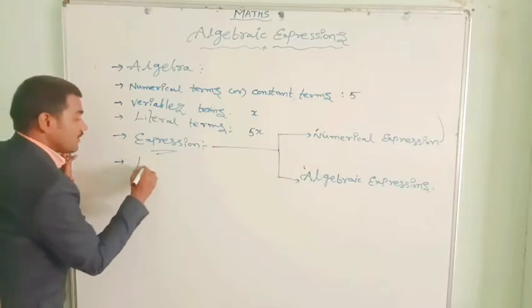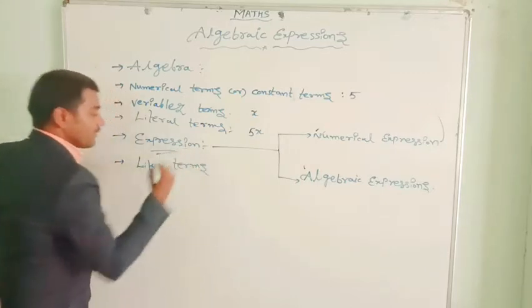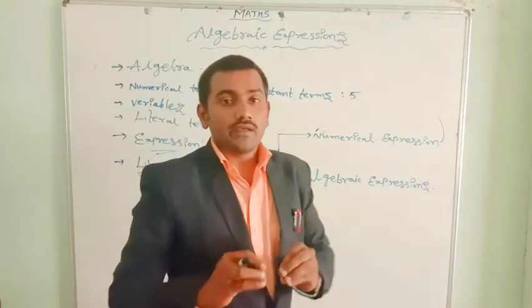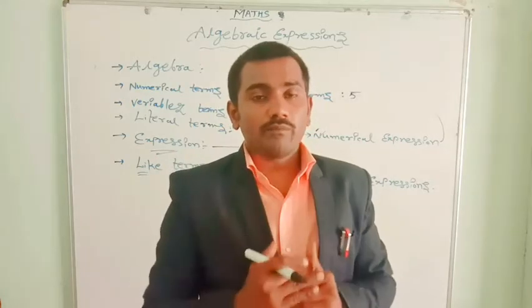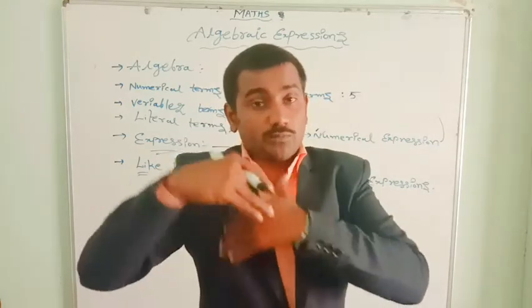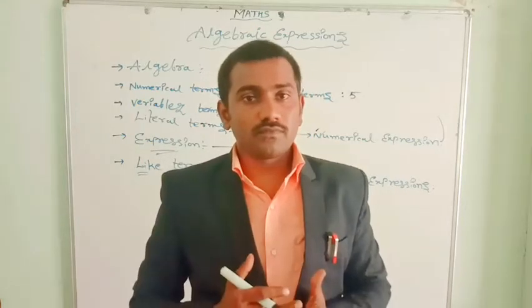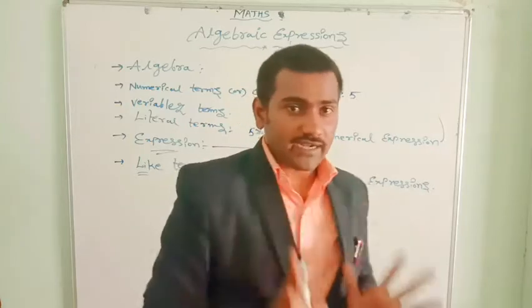First, like terms. What is the meaning of like terms? In given terms, if they have the same variables and the same exponents, they are known as like terms, or else they are known as unlike terms.